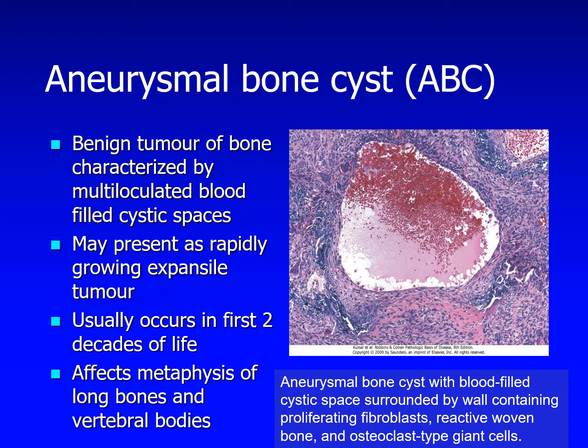You can see in the picture there is a blood-filled cystic space here, surrounded by a wall containing fibroblasts, osteoclast-type giant cells, and reactive woven bone. Now, when they biopsy, this feature may resemble giant cell tumor.